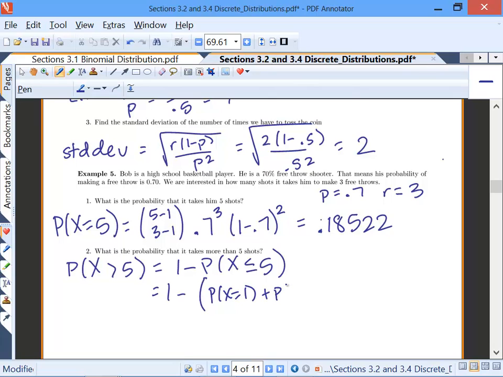Actually, do I have to start at 1? No. What's my smallest value of the number of shots he can make? 3. Good, that'll save some time. So 3, 4, or 5.